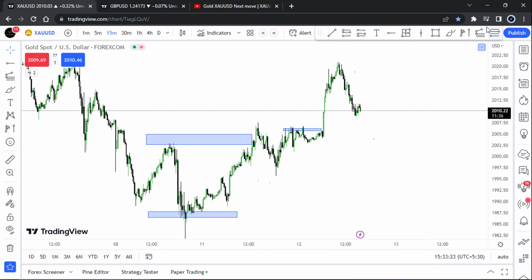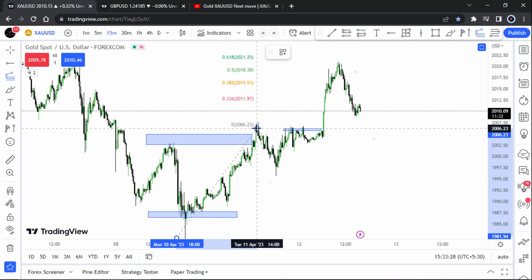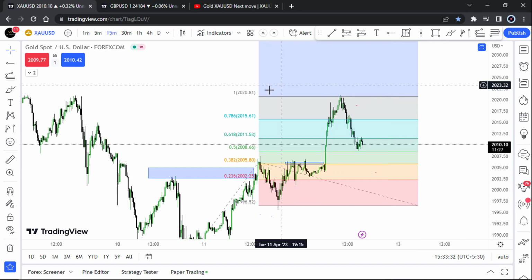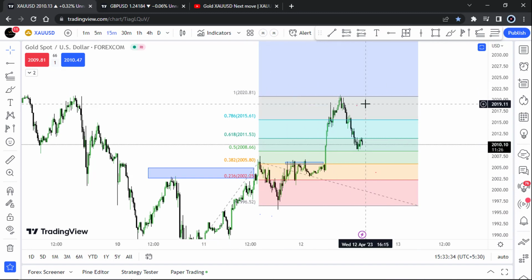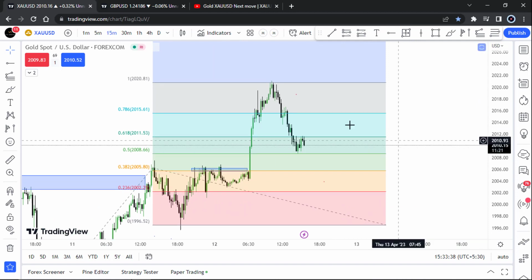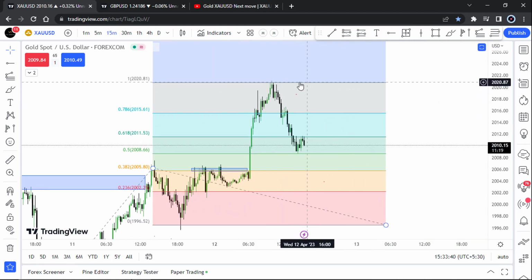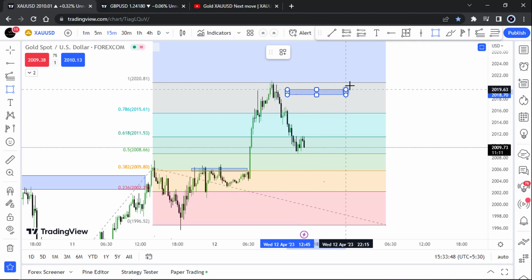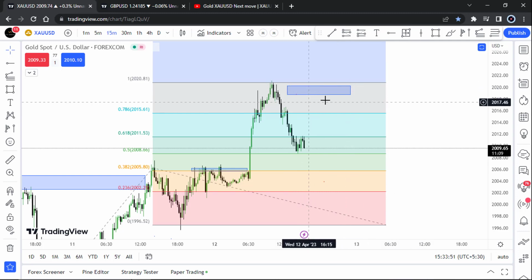When we draw a Fibonacci level from here to here, we can see pullback reverse zones, exactly the level 1 zone over here. If the market goes up, we could see a market down reverse point. If the market touches around this area, we might see some kind of market down move.